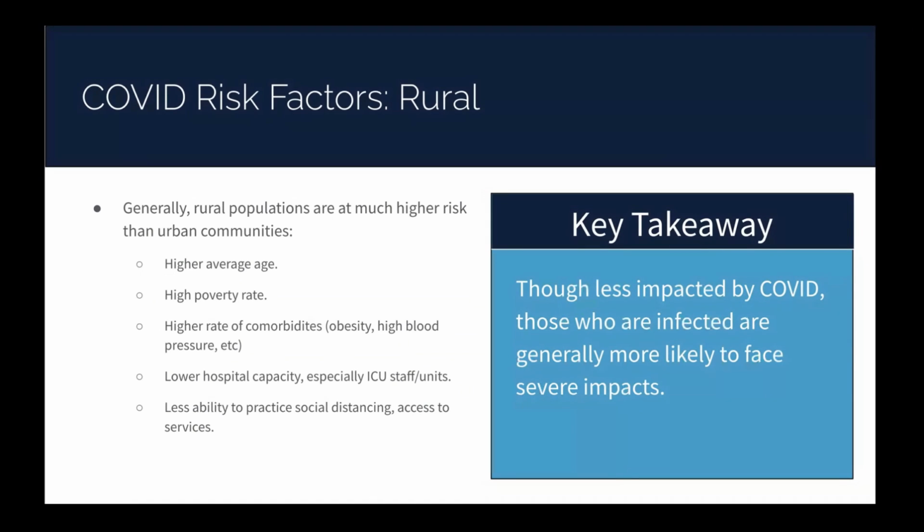People in rural communities really don't have a lot of those options, and so, mixed with high poverty rate, most folks in rural communities have to work. And so there's less ability for people just to stay home for a long period of time. The industries they're in are less amenable to things like work-from-home or remote work policies. So there's a whole bunch of factors that limit the effectiveness of social distancing, because people aren't functionally able to adhere to it.